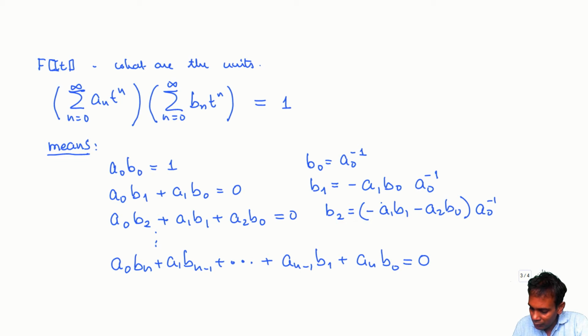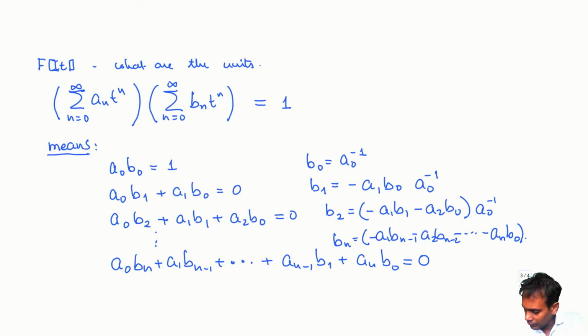We already know what b1 is by the previous equation, and so recursively we can compute bn to be minus a1 b(n-1) minus a2 b(n-2) minus all the way down to minus an b0, and then that multiplied by a0 inverse.